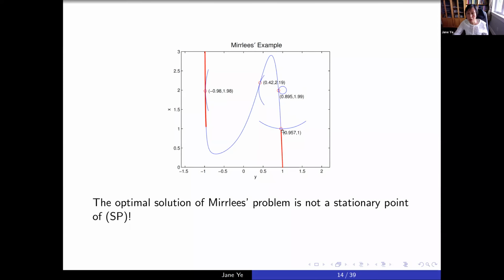But the true optimal solution is not a stationary point, because the tangents are not parallel. So there is a big problem if we use the first order approach when the lower level problem is non-convex, because you may totally miss the optimal solution of the bilevel program.